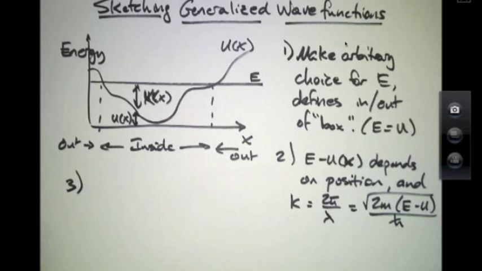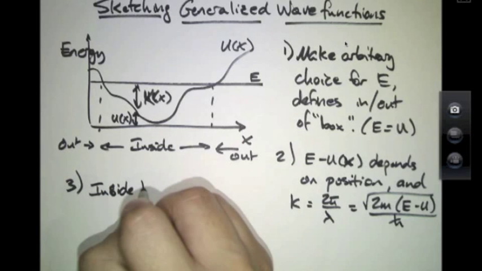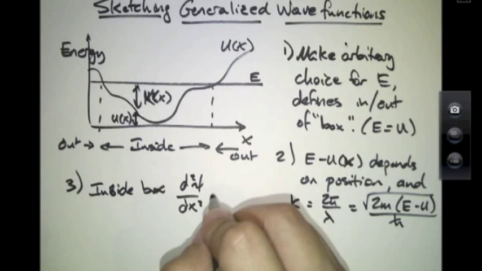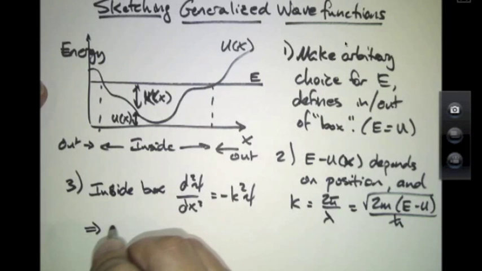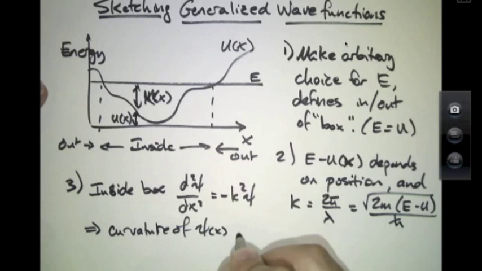The third strategy here is to remember that inside the box, the differential equation for psi looks like so, where k is the wave number, it's a positive number. So this means curvature is always negative relative to psi itself. This means that the curvature of psi of x is always towards the axis.